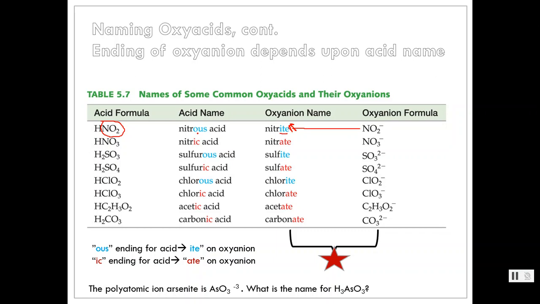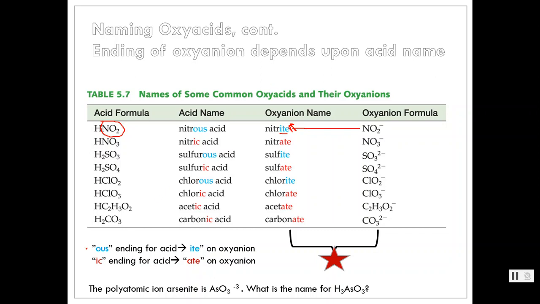So my acid name is going to be nitrous acid. So you can see here from this table that the "ites" end in "us," the "ates" end in "ic." So these are some of the more common oxyacids that you will encounter in this course.